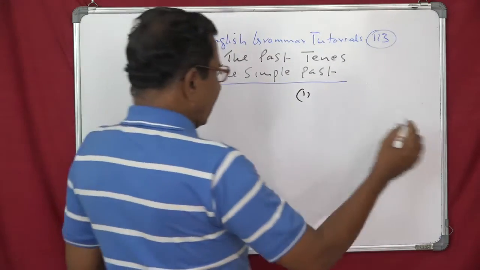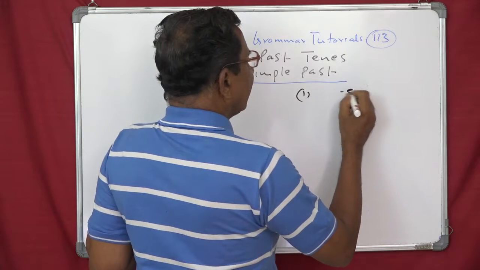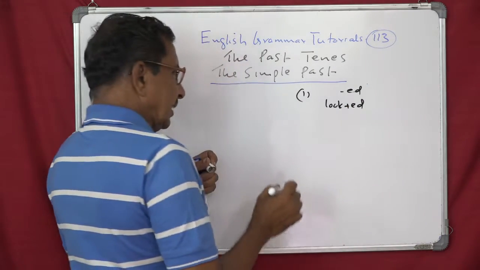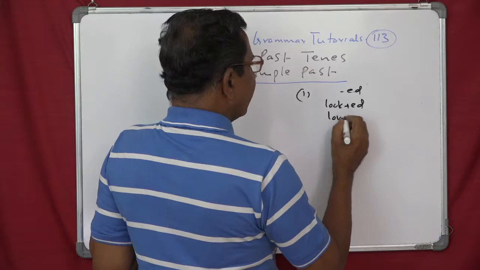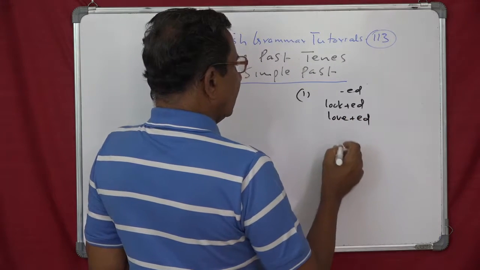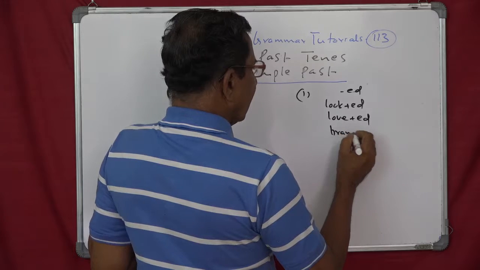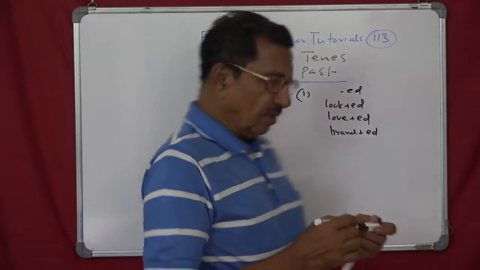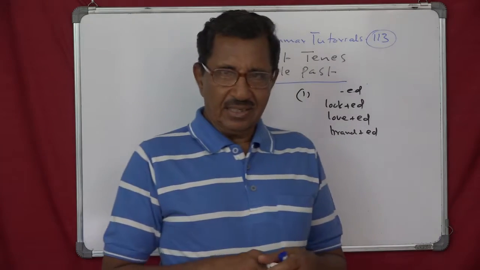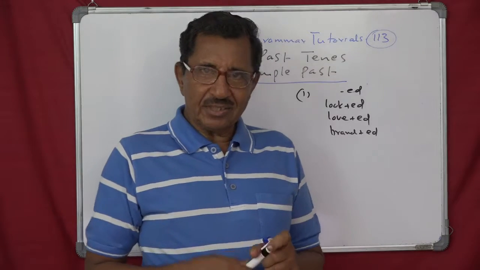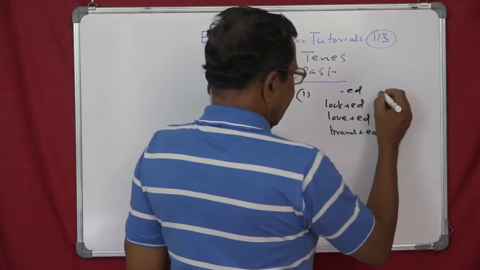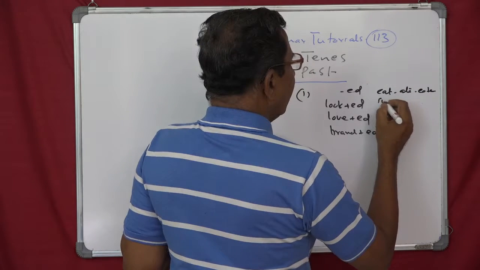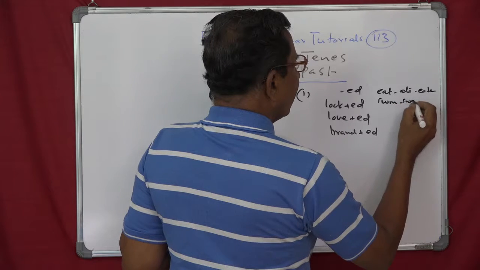The simple way is to add the suffix ed: look, ed, looked, and the pronunciation I will tell you later. Love and ed, loved. Brand, branded. And about 10% of verbs in English are irregular verbs. This is a regular past tense. Irregular past tense means very famous words like eat, ate, eaten.